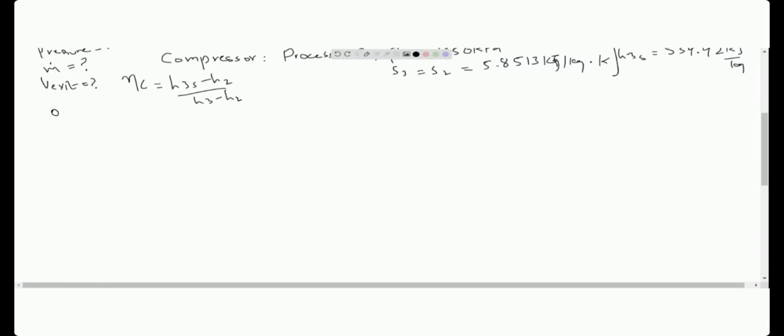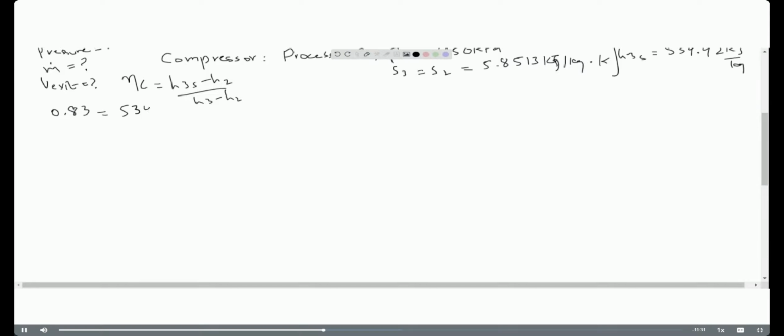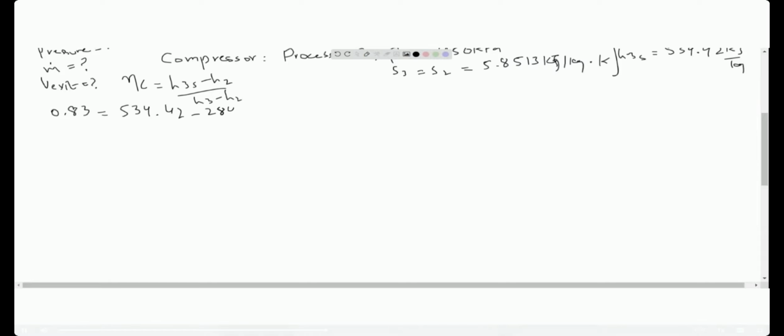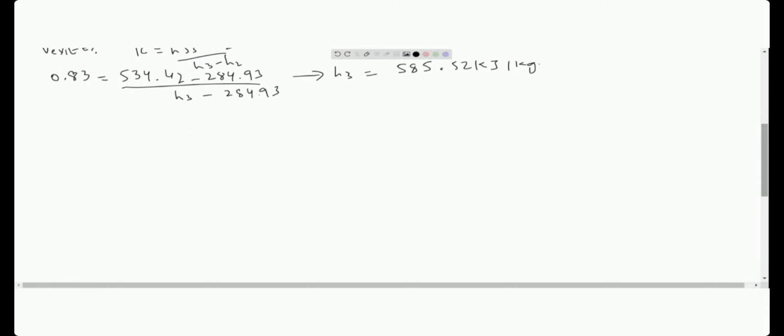Putting the values, 0.83 is equal to 534.42 minus 284.93 divided by H3 minus 284.93. So from here we will solve for H3 and H3 value comes out to be 585.52 kilojoule per kg.